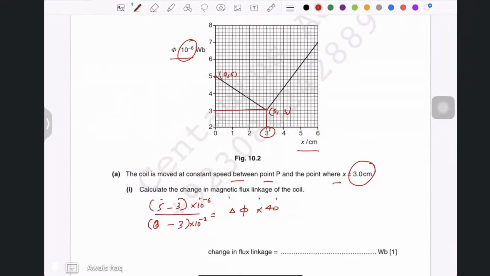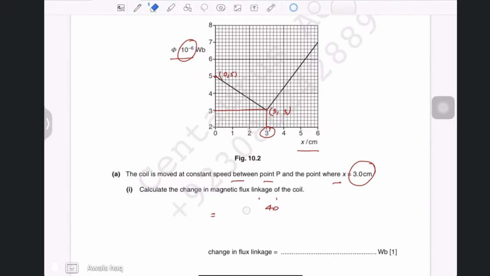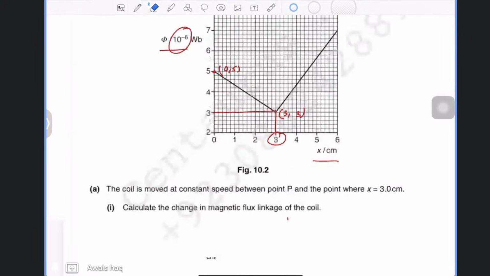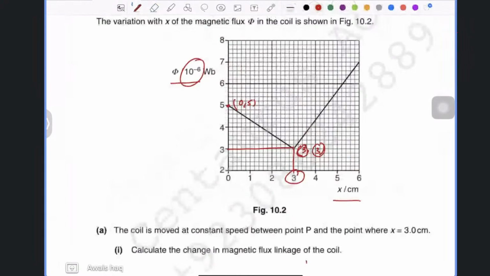We took the values correctly, right? So we have 3 centimeter and 3. So we did 5 minus 3, right? And then we multiplied 10 raised to minus 6.